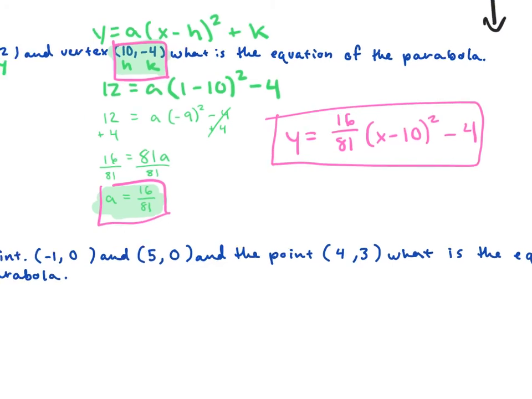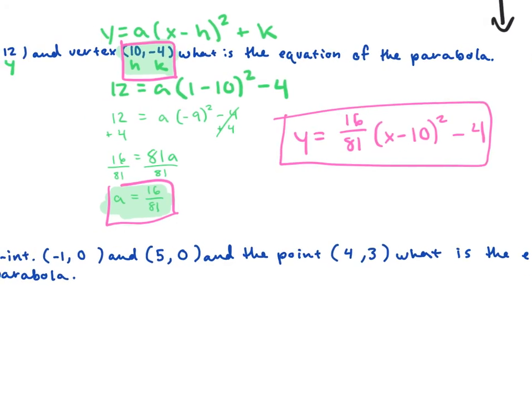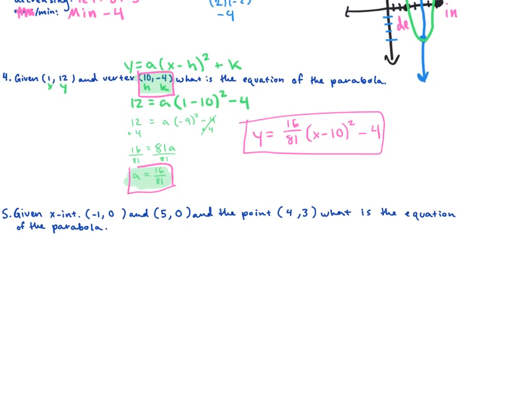All right, last one, let's take a look at number 5. So now we're given the x-intercepts and a point, and we have to find the equation of our parabola. What formula do we use when we are given the x-intercepts and a point? Intercept form. So we have y is equal to a times x minus p times x minus q.